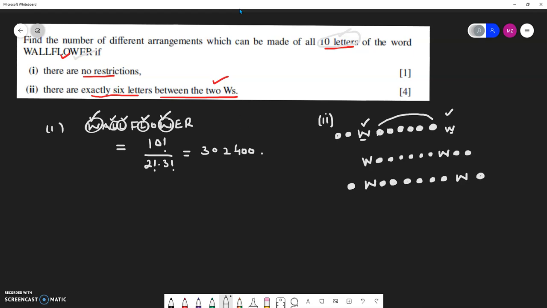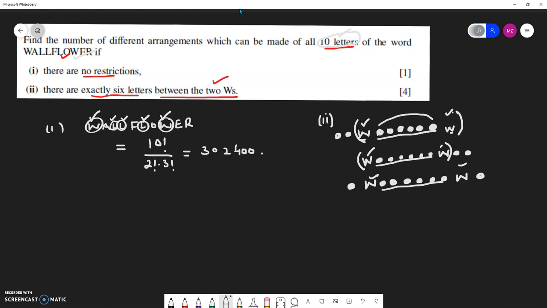This is our compulsion part, 2 W's and 6 letters in between, and the total number of letters must be 10.